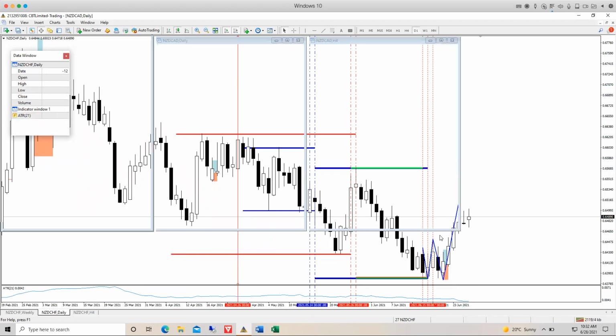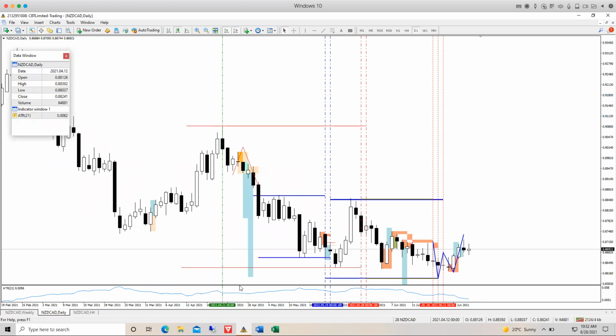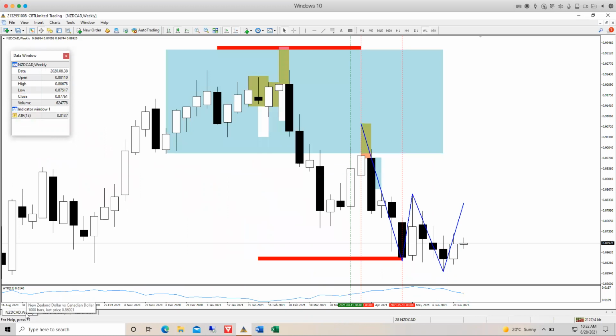Right, last but not least is the Kiwi Cad, where we've also had an overlay, which gave us a little winner. On weekly now, you can see how last week's candle has ringed this low. We have not had a close below that support level. So this bearish trend that we have had is now over, phase two, phase two.